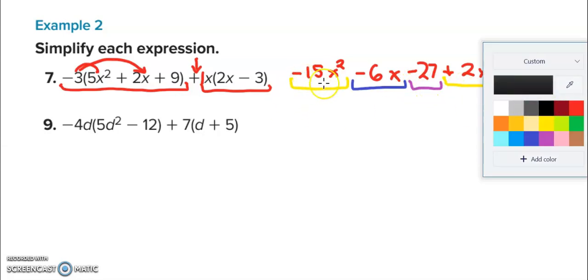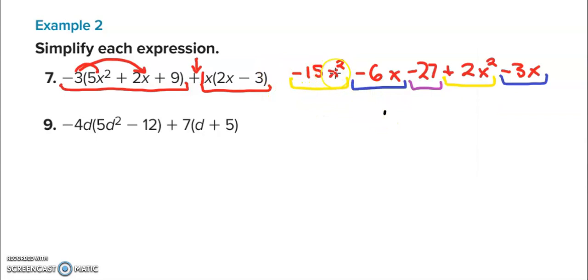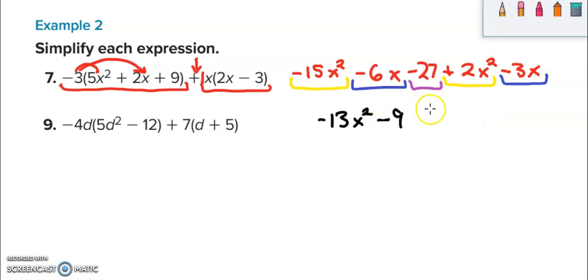But okay, so negative 15x squared plus 2x squared, negative 15 plus 2, negative 13x squared. Negative 6x, negative 3x, we combine those, we get a negative 9x. And then, of course, our negative 27 doesn't have anything to go off of. All right.